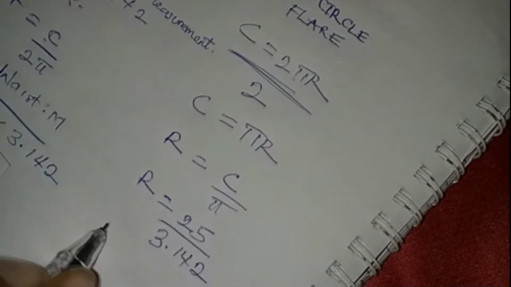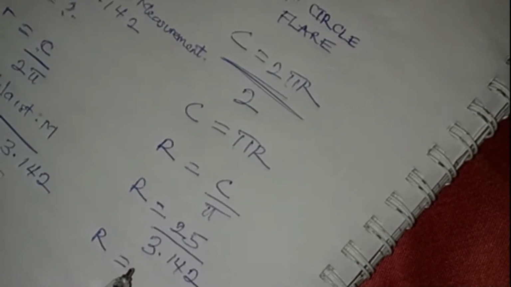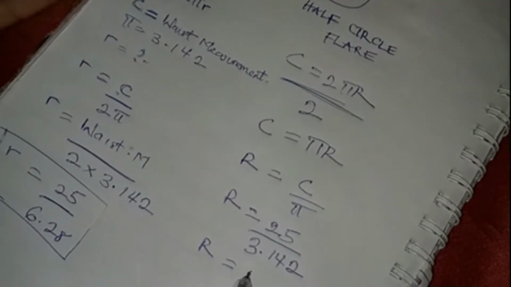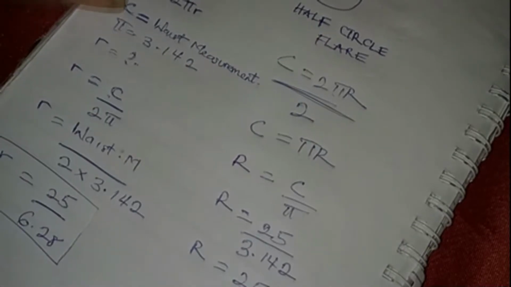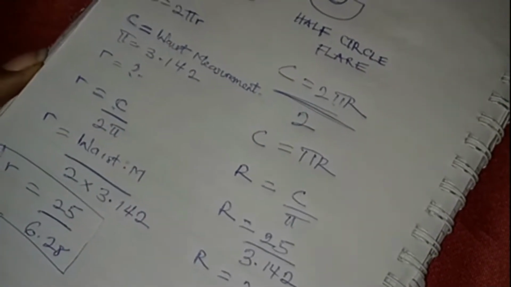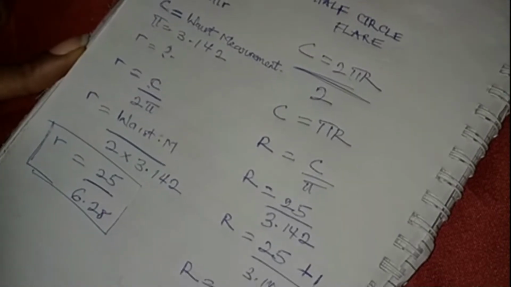3.142. Now when you are drafting your flare you need to add your allowance, and you add your allowance when you are doing your calculation. So radius equals 25, which is your waist measurement, plus 1 inch, divided by 3.142. Radius equals 26 divided by 3.142.